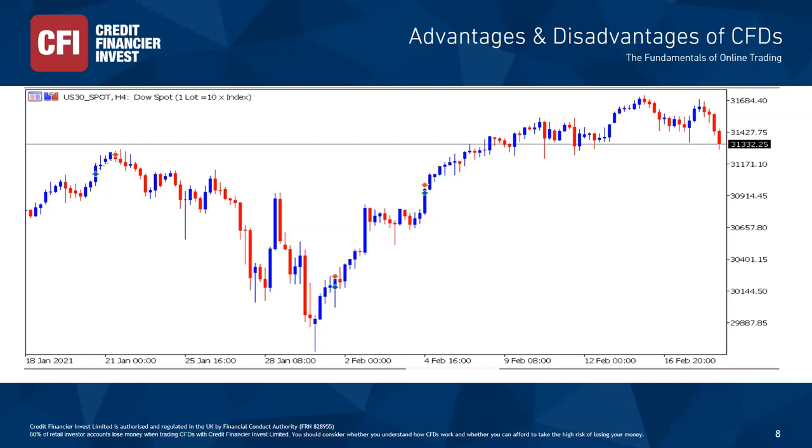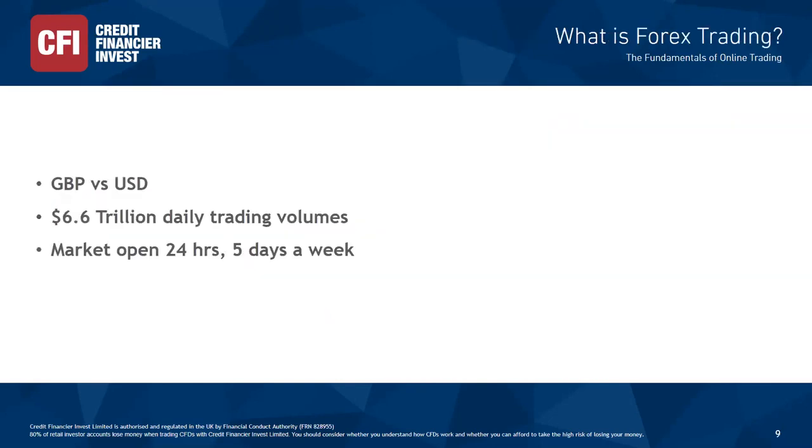If the market goes down by over 3,000, like I just mentioned, your account will end up in negative balance. So you always have to put in that extra money to go back to zero. And that's basically the major risk of CFD trading, okay?